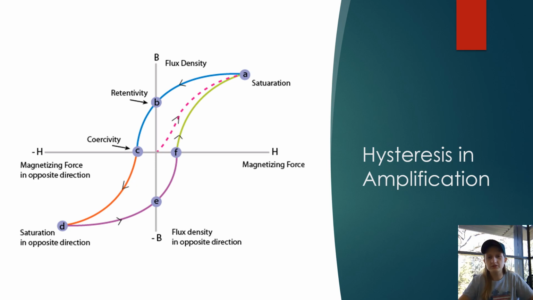Retentivity is the ability of a substance to retain and resist magnetization, which is frequently measured as the strength of the magnetic field that remains in a sample after the removal of an inducing field. Whereas coercivity is the resistance of a magnetic material to changes in magnetization, equivalent to the field intensity necessary to demagnetize a fully magnetized material.